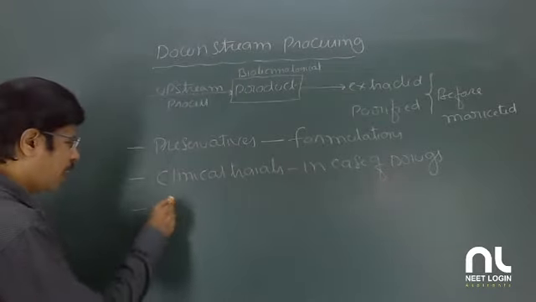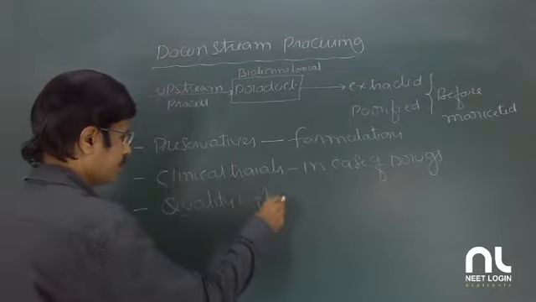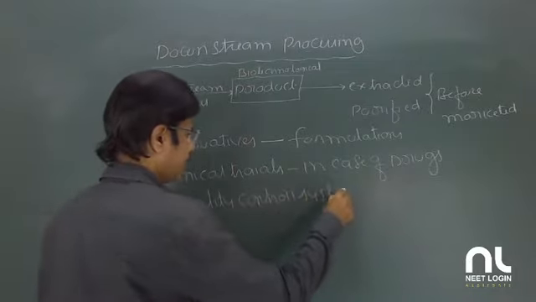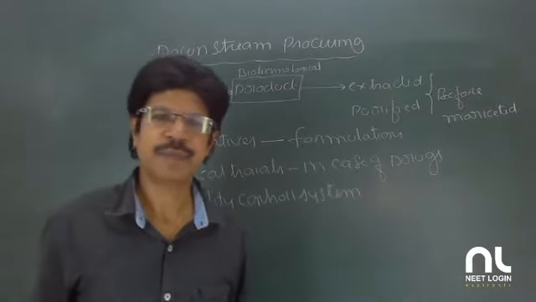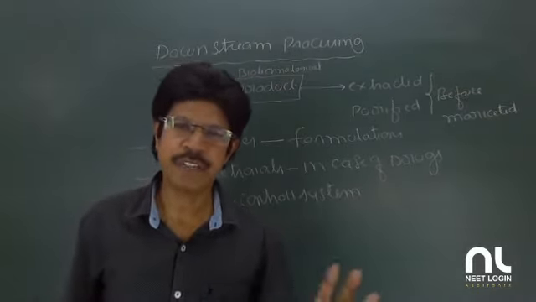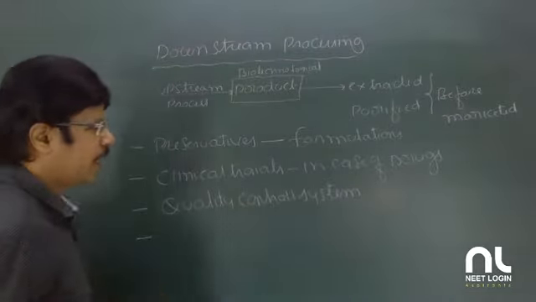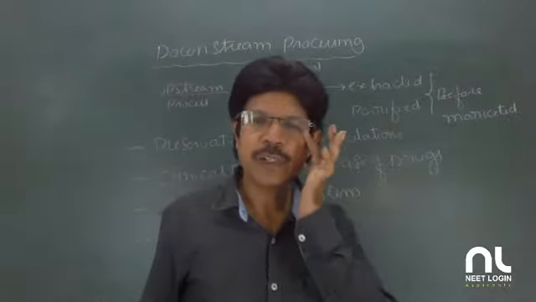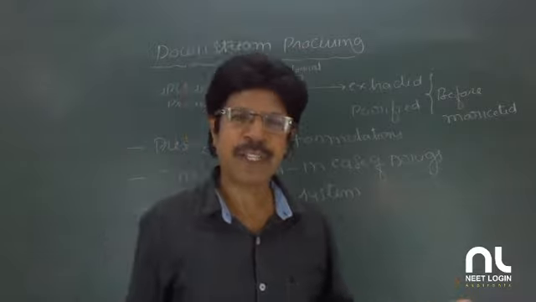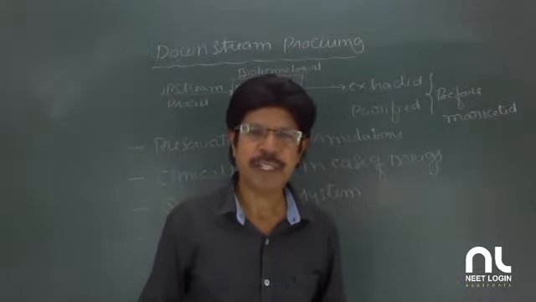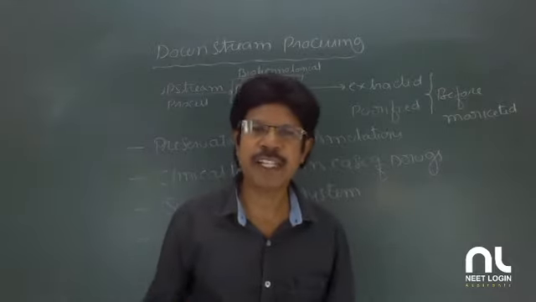And a quality control system to maintain its quality. A quality control system for every product is required. Downstream processing and quality control system vary from product to product, because it may be an agricultural product, a veterinary product, a food product, or a medical product.